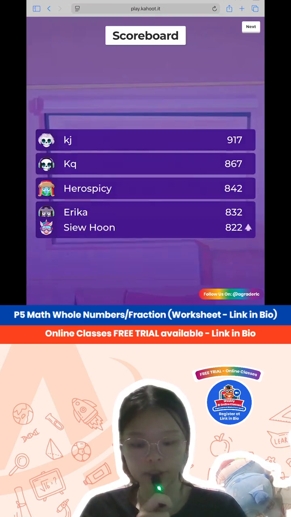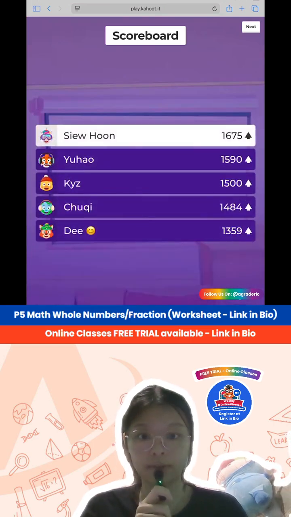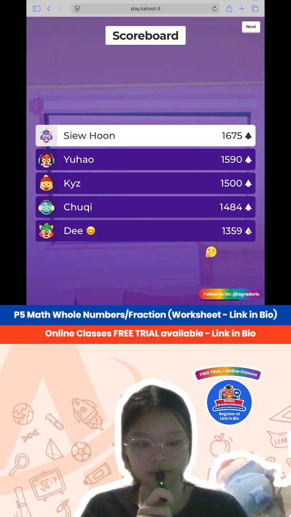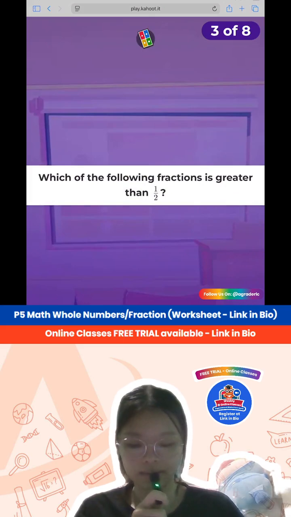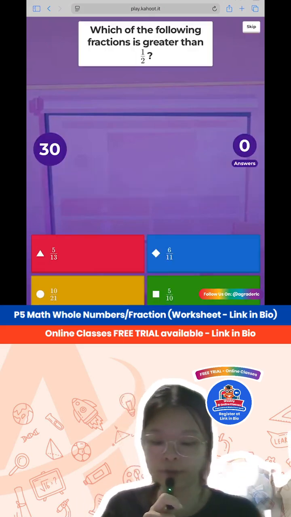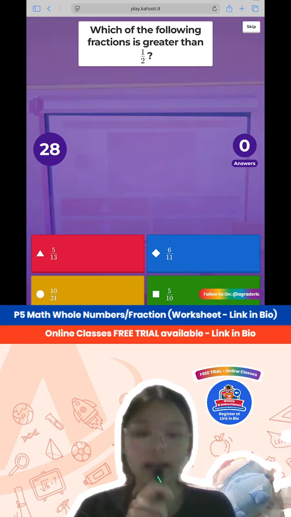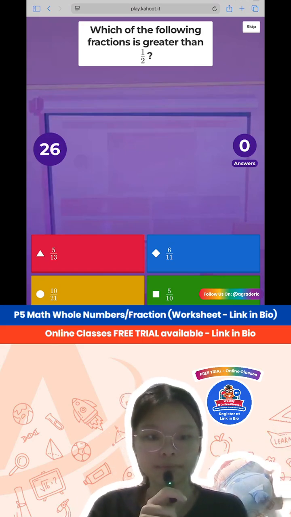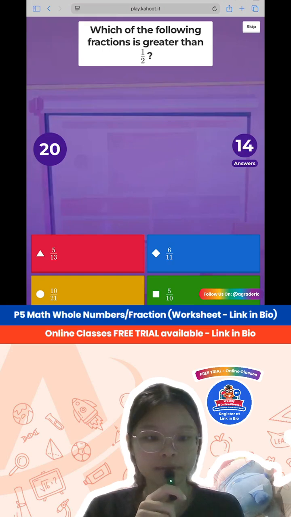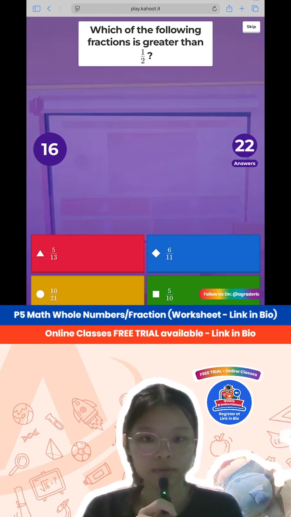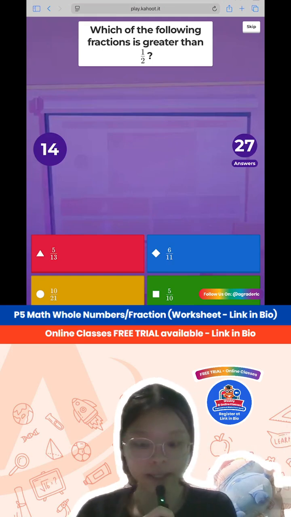Okay, next question. Oh, wow, that's a very big change. Which of the following fractions is greater than half? Okay, which one is greater than half? Click the one that is bigger than half.